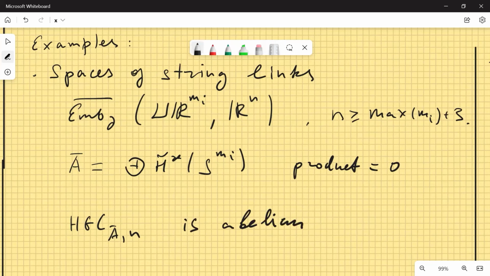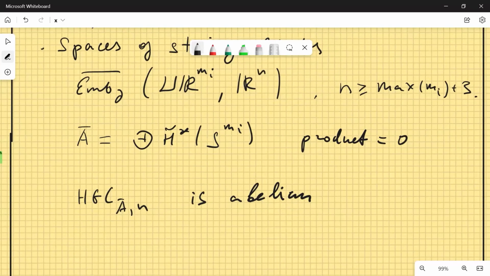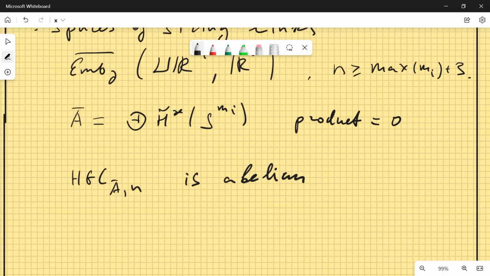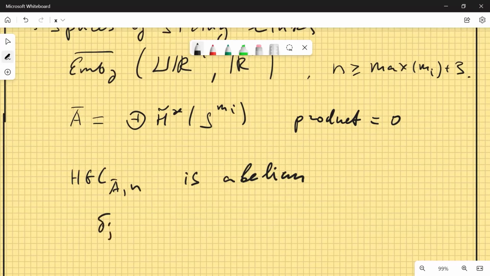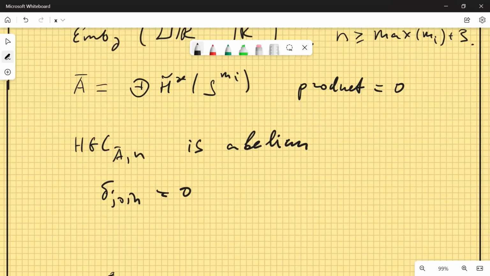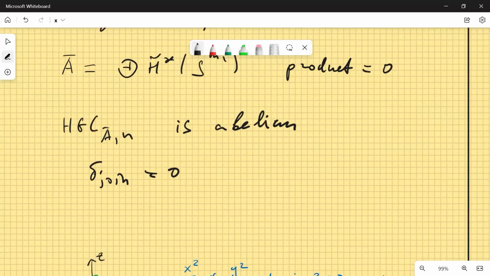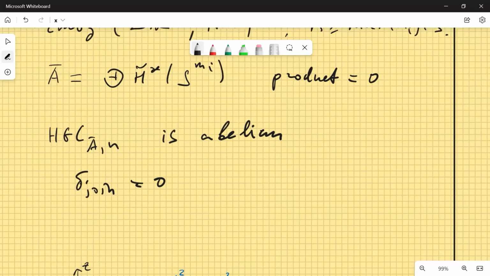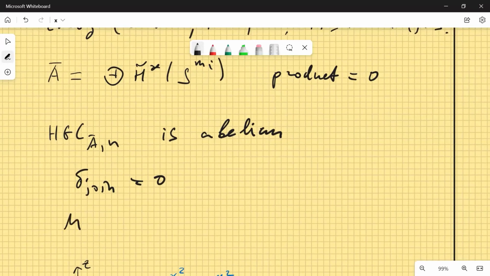So all L-infinity brackets and all higher brackets are just trivial, as well as the delta join is also trivial. So you remember the delta join is an addition to the differential, and it's also equal to 0. And in this case, we obtain that the invariants take place in the set of Maurer-Cartan elements.